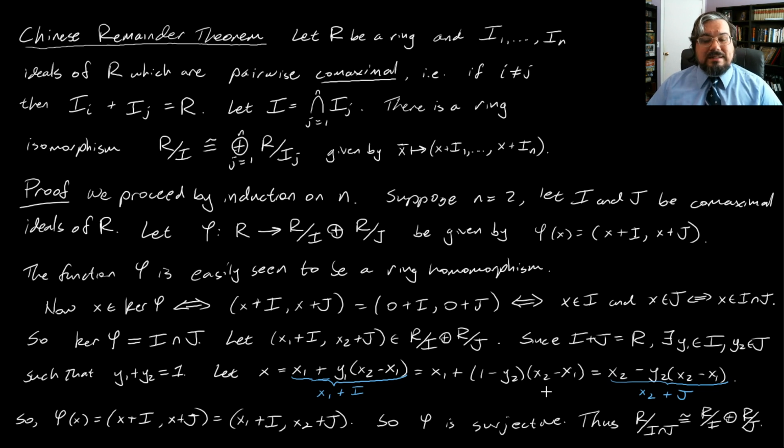So now let's handle the inductive step. Although before we do that, we're going to prove one claim which is going to make the argument a little easier and is sort of interesting in its own right.